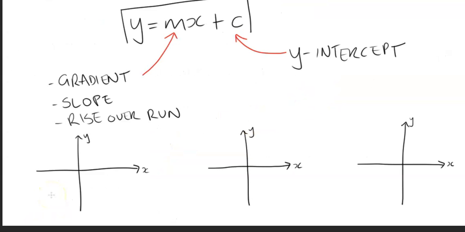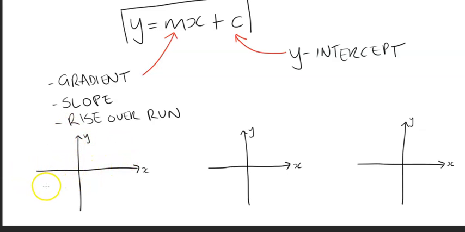So the first thing I want to delve into is the gradient of a straight line or an equation. With this in mind, I've gone ahead and drawn 3 different sets of axes. And I'm going to show you the 3 different types of gradients that you can have.